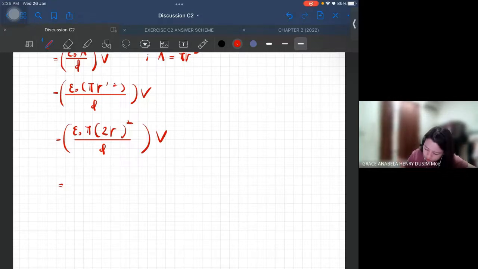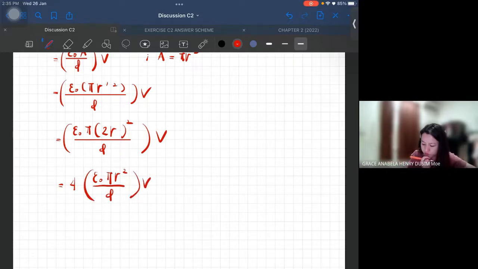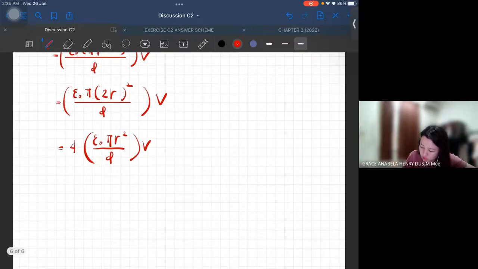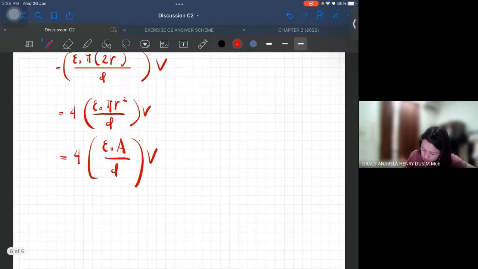So 4 E naught pi r squared over dV, which is just 4 E naught A over dV, which is again just 4 CV.